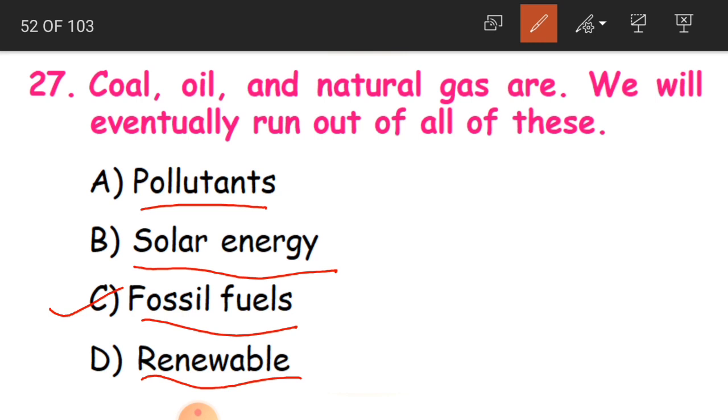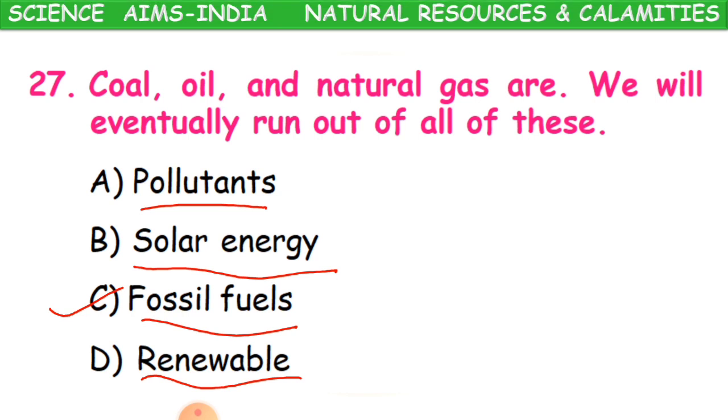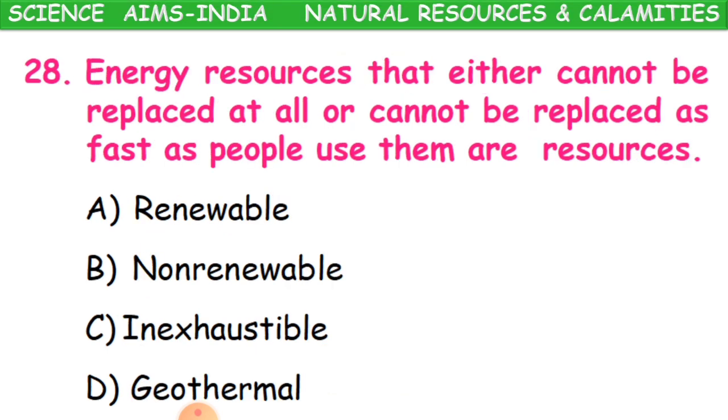Okay, clear? So we are using it the maximum. So whatever energy, whatever resource is there, we have to use it limited as per the requirement. If we are using it more, then what happens? We are going to run out of all those. Okay children, so this is what is happening with this.